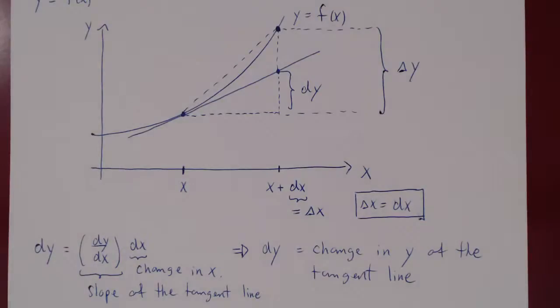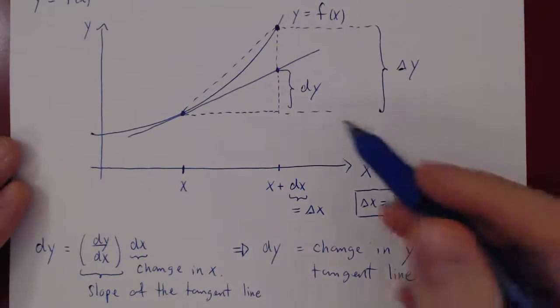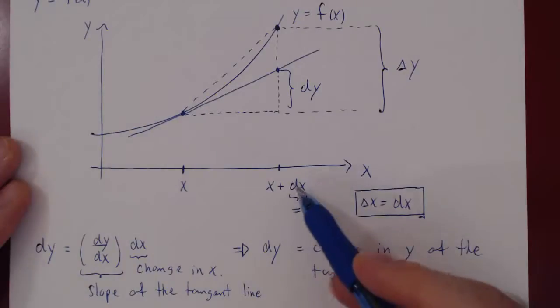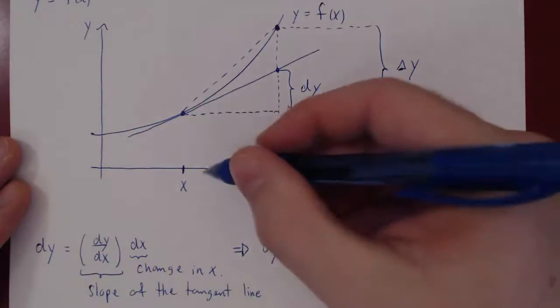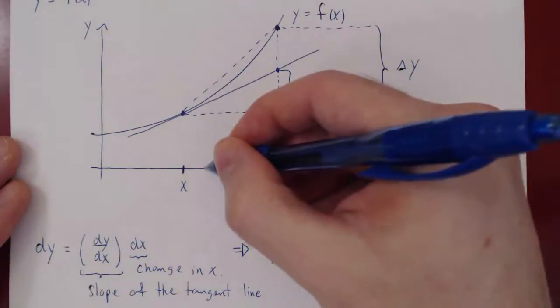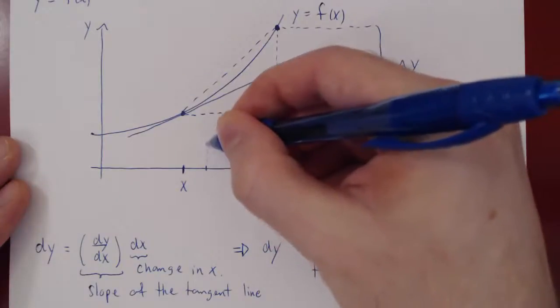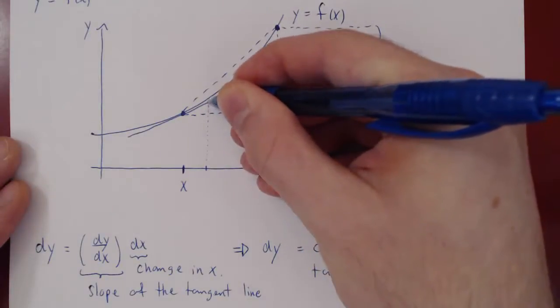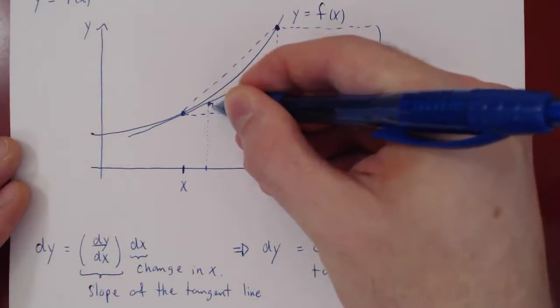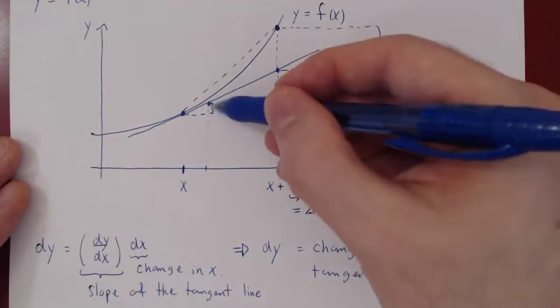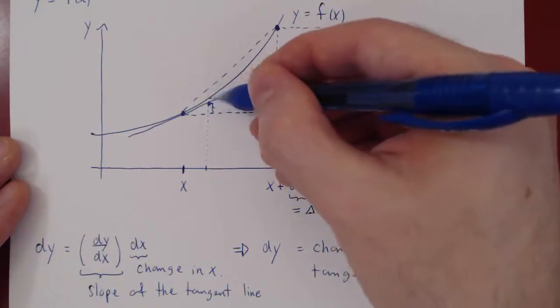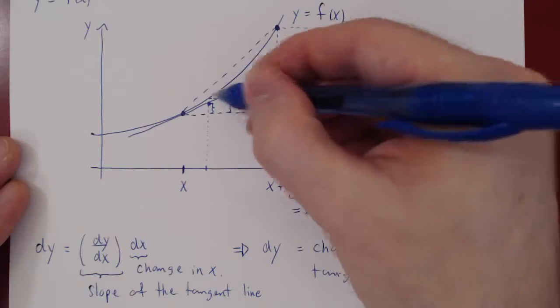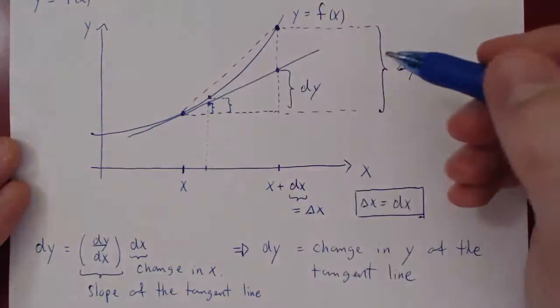One last observation is, if you think of it, well, are dy and delta y close to each other? Well, if you take a very small change in x, say here, look at the picture that you'll get. This will be your dy, the change in the tangent line, and now this will be your delta y, the change in the exact function.